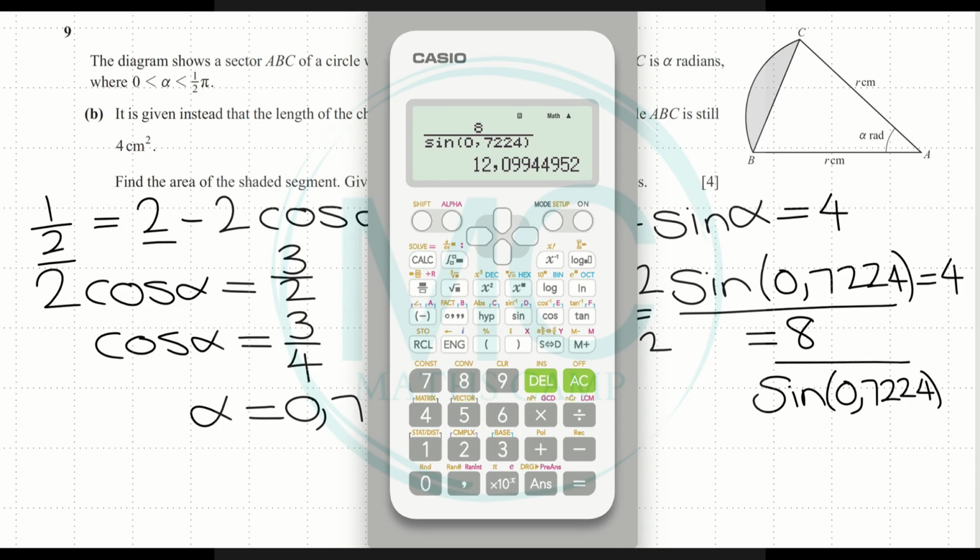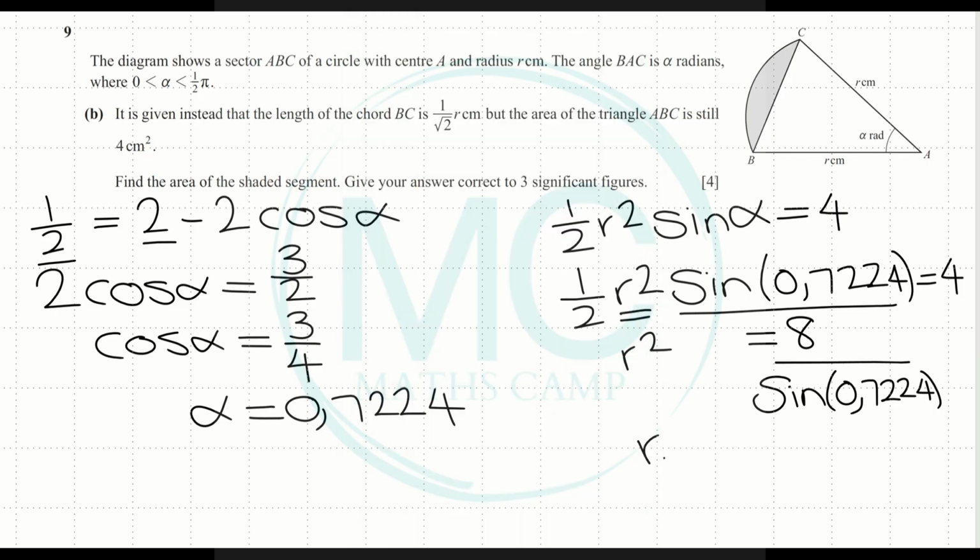But remember, this is the value for r squared. I want the value for r. So while we have the calculator, let's square root. The square root answer is equal to 3,478. So r is equal to 3,478. Now I have a value for alpha and a value for r.